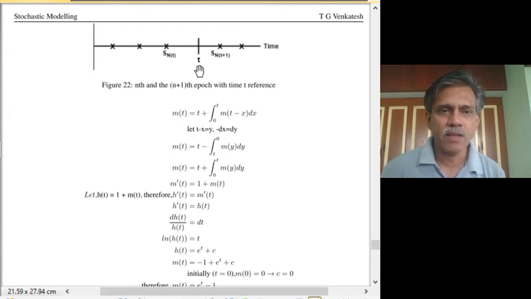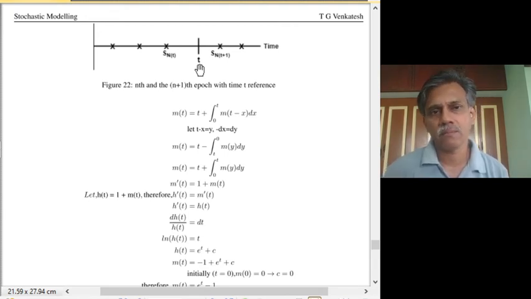So N of t is equal to 3, which means that before t 3 renewals would have occurred and the 4th renewal should occur only after t. So t should lie between S of N of t and S of N of t plus 1.